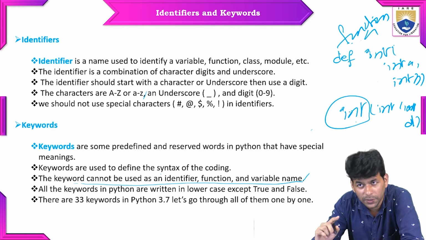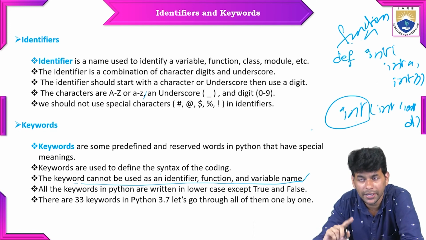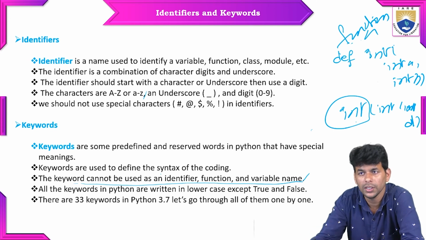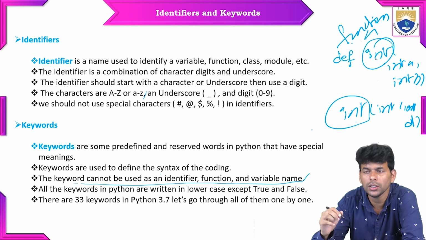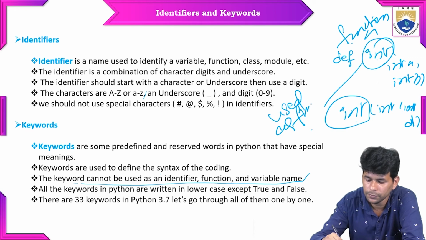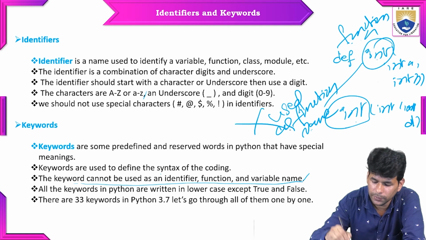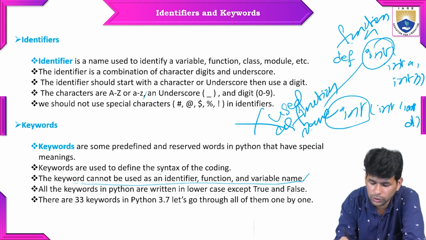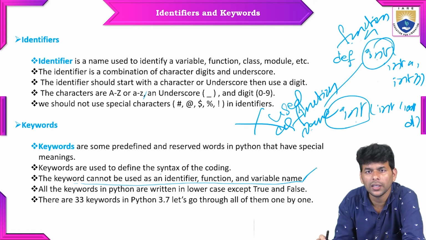Int has a special meaning: it is a keyword designed and implemented for working with integer values as a data type. So we cannot use it as a function name. That means this is a wrong one. This is the third point: a keyword cannot be used as an identifier, function or variable.